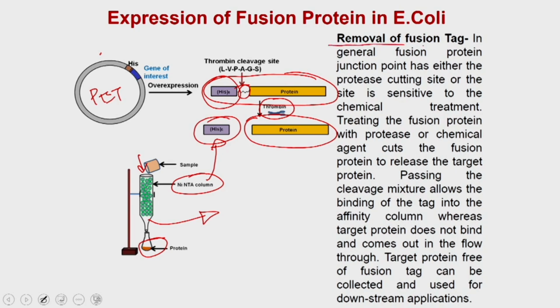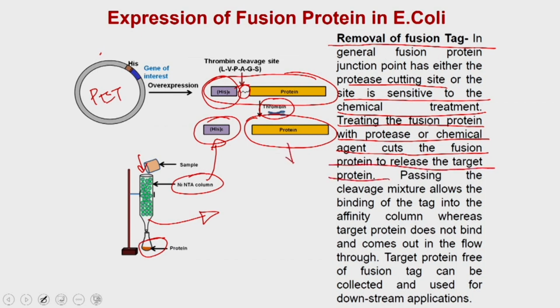So, how to do the removal of the fusion tag? In most fusion tags you are going to have a protease cutting site, or a site that is sensitive to chemical treatment. So, if you treat the fusion protein with a protease or chemical agent, that will cut the fusion protein to release the target protein.